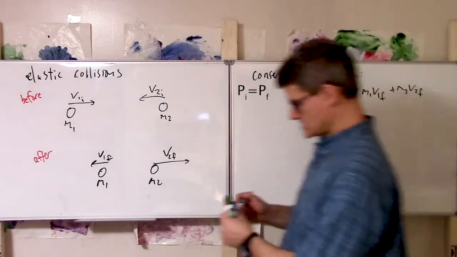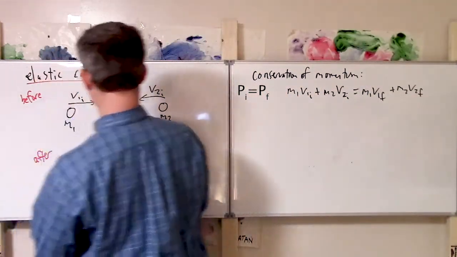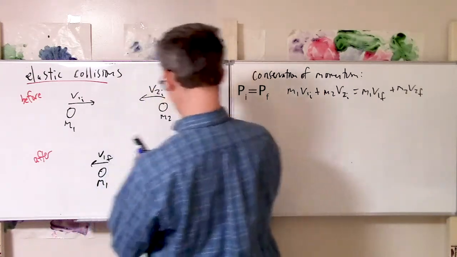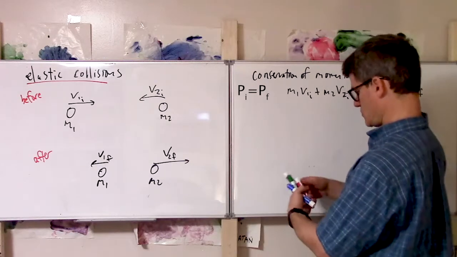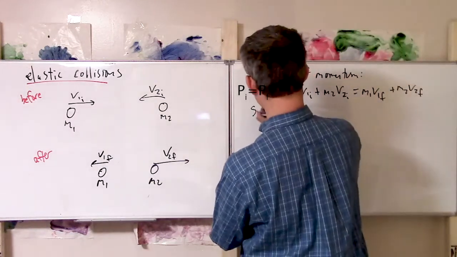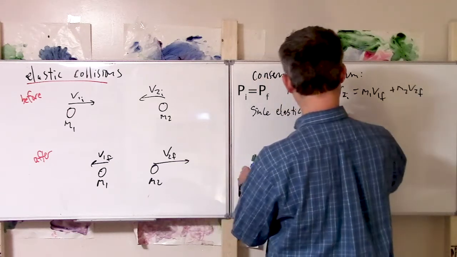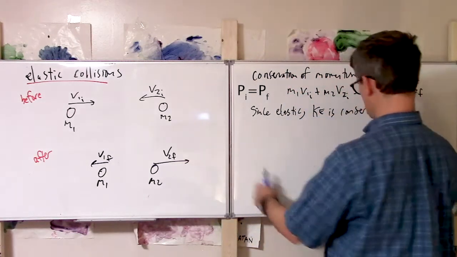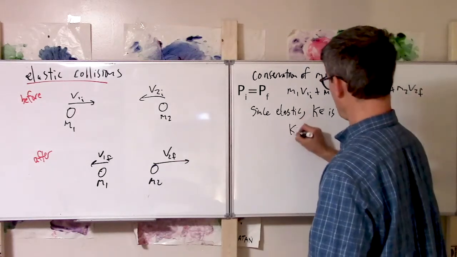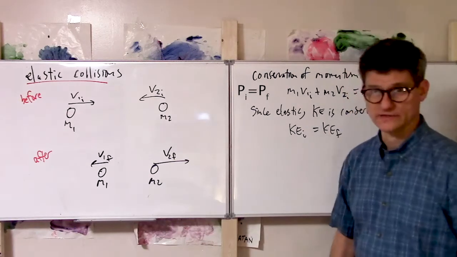What we need is, don't forget, this is an elastic collision, so that means that we need to consider kinetic energy. So, since elastic, KE is conserved. So now we have KE initial equals KE final.